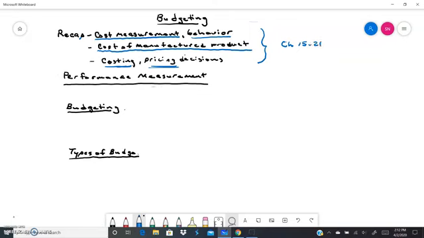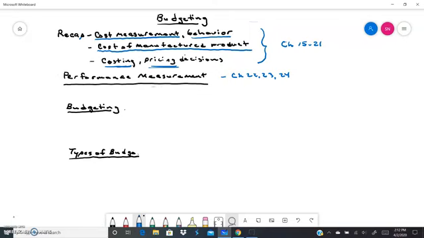So that takes us to this next group of chapters, chapters 22, 23, and 24. And that really leads us into what I like to just call performance measurement.